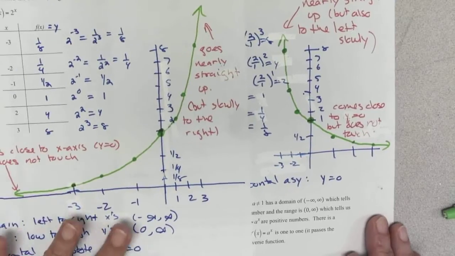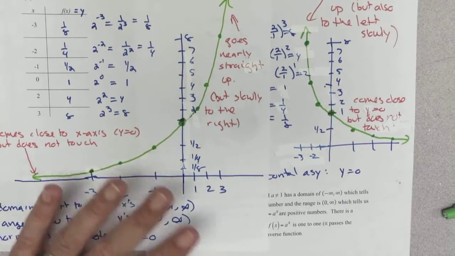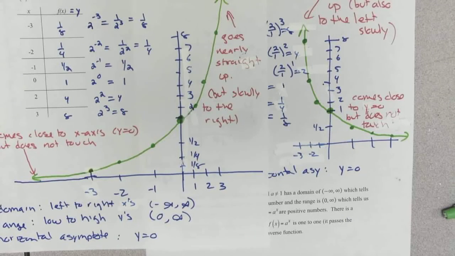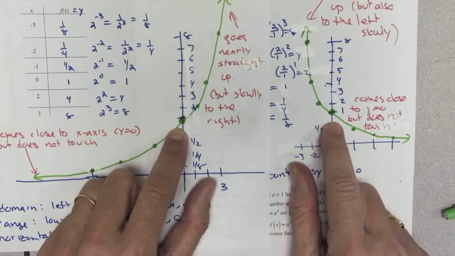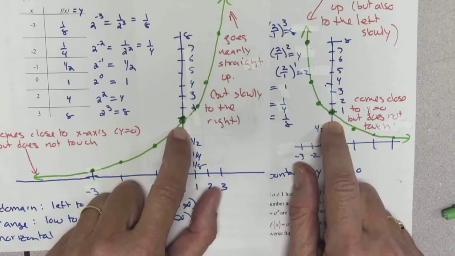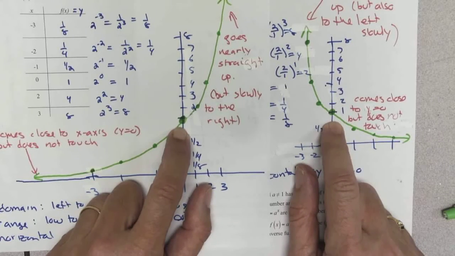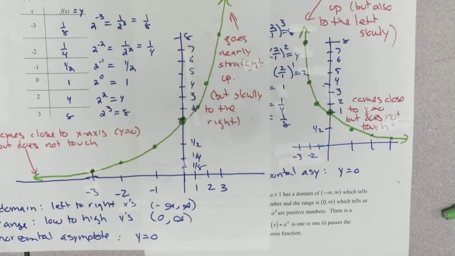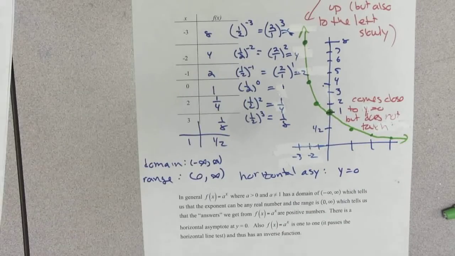So there's the two differences there about a base greater than 1, a base less than 1, but still positive bases. We're only going to deal with positive bases. And notice they still both go through the point 0, 1 because anything to the 0 power other than 0 is 1. So we have all the generalities written down here.